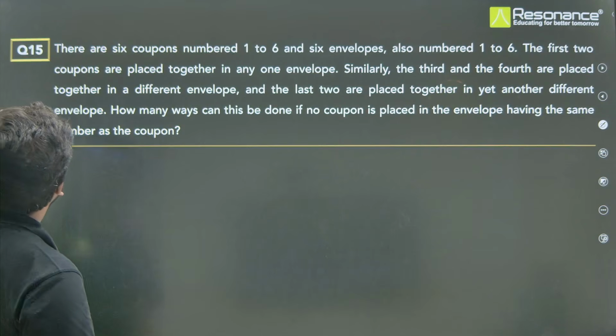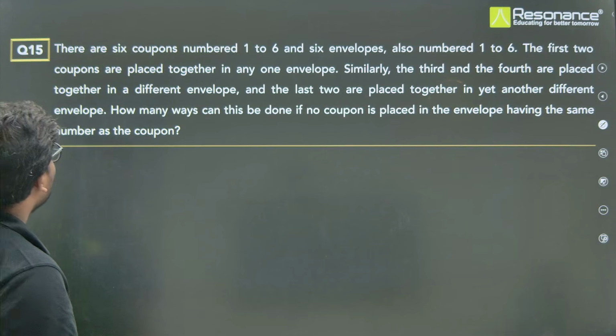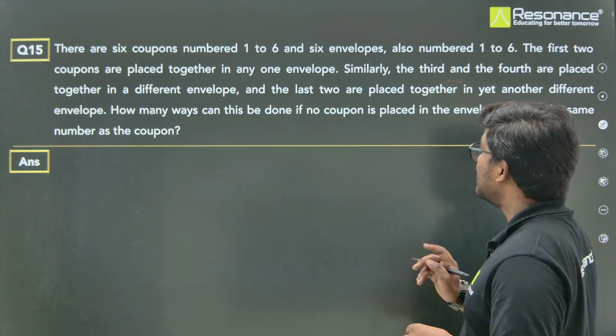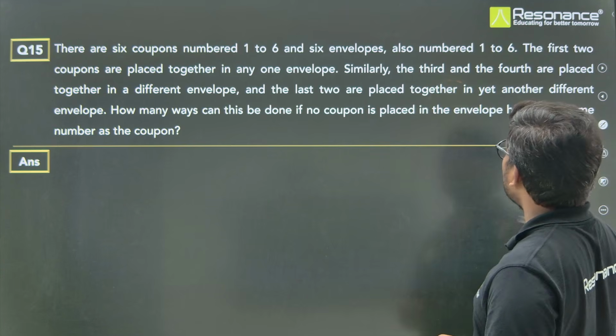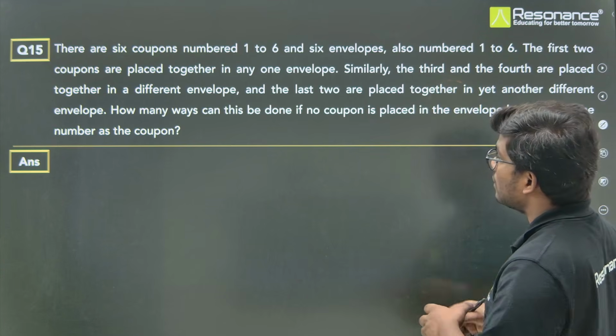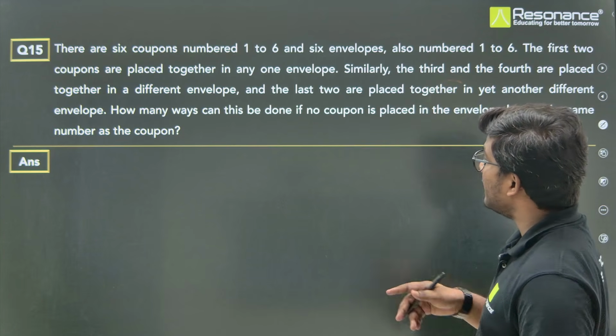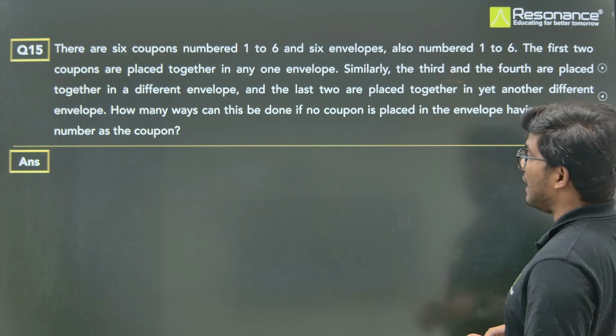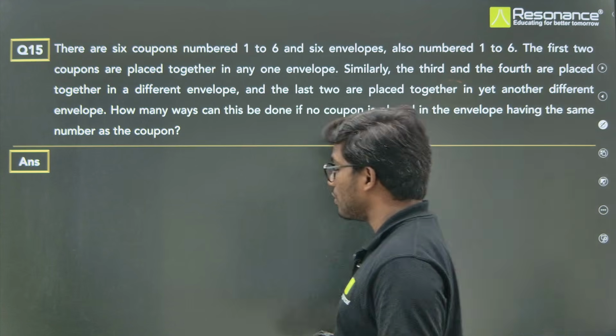Next, what do we have in this question? There are 6 coupons numbered 1 to 6 and 6 envelopes also numbered 1 to 6. The first 2 coupons are placed together in any one envelope. Similarly, the third and the fourth are placed together in a different envelope.